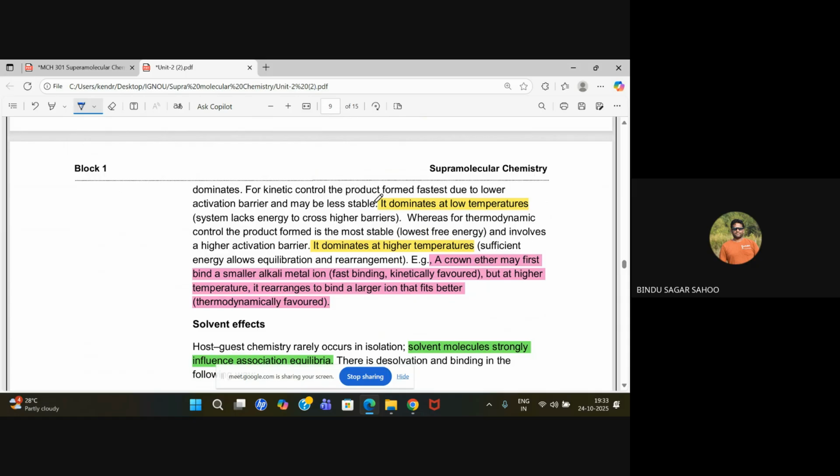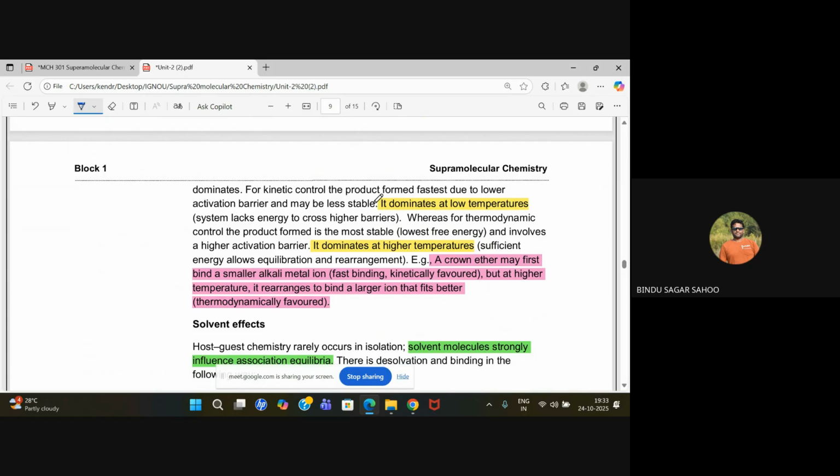Generally, the thermodynamically stable product dominates at higher temperature. The thermodynamic one will be the most stable, but it can consume more time or pass through a high activation energy barrier, so it generally dominates at higher temperature.